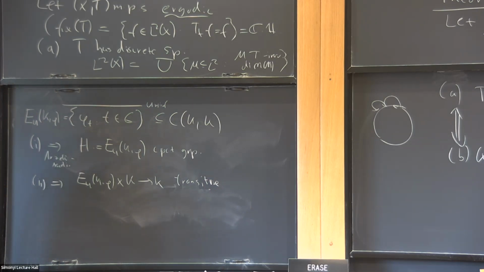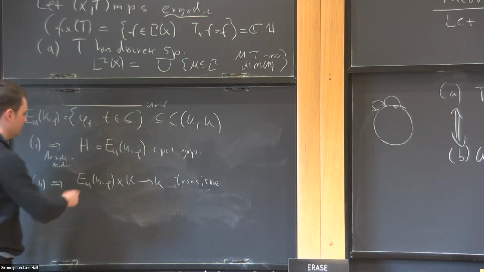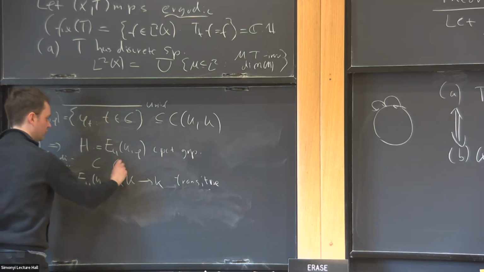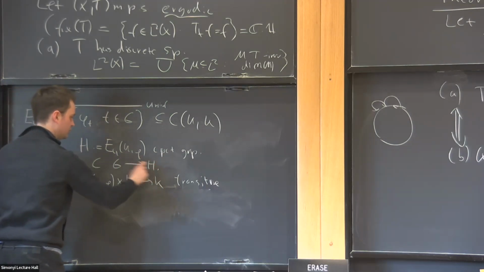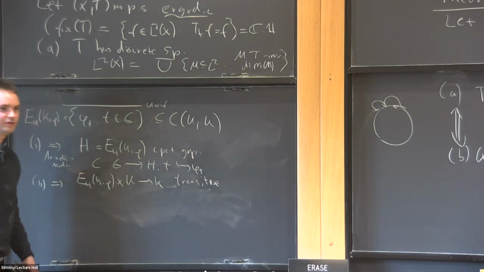Okay. And if you have now these two things, then you have already found your group. And of course, H is also a compactification of G in the sense that you have a group homomorphism from G to H, which just maps T to phi T. So you also have your group homomorphism.